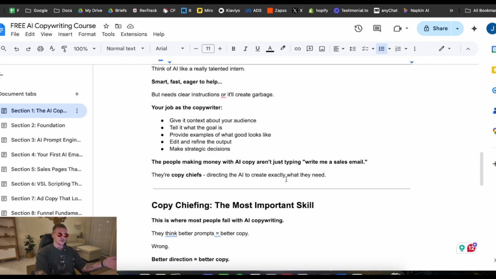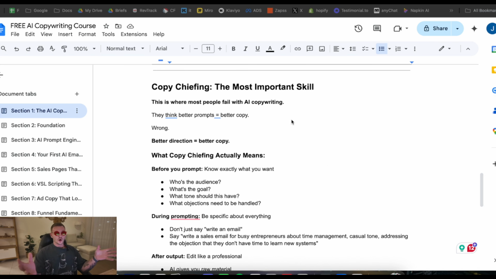That's not how to use AI. The best way to do it is you get AI to do the grunt work, and then you need to copy chief it.